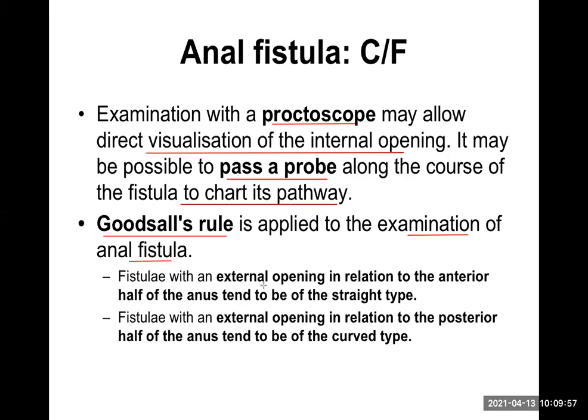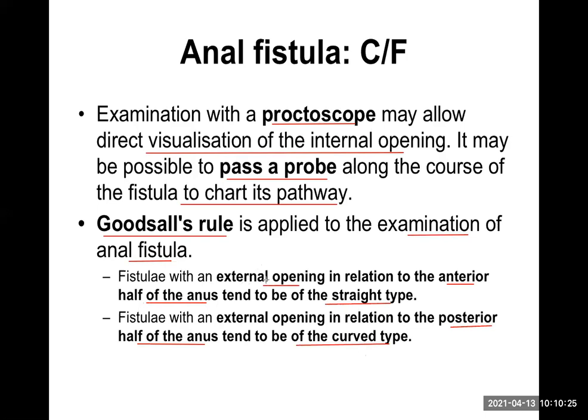Fistulas with an external opening in relation to the anterior half of the anus tend to be of the straight type, and fistulas with an external opening in relation to the posterior half of the anus tend to be of the curved type. Let me make it clear to you.